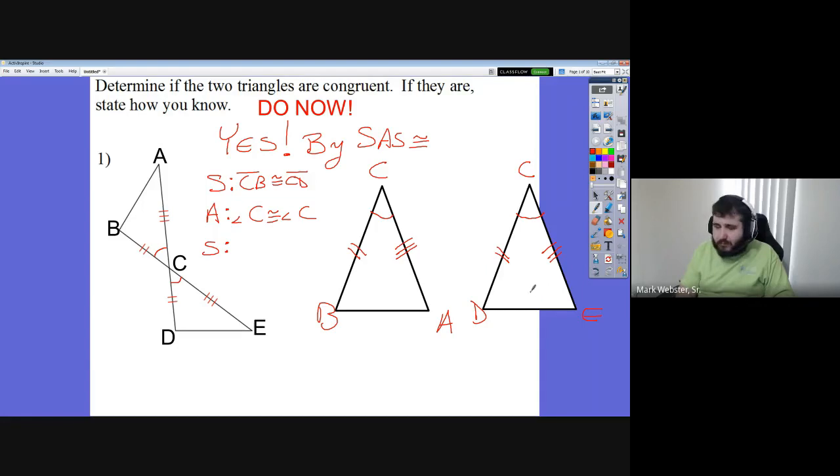If you did not break it up into the two triangles, the expectation would be that you use the three-letter government name for each of these, because otherwise I don't know which one you're talking about. But if you break up the triangles like I do here, then you know you're good. And then the last side pair, we've got CA and CE.